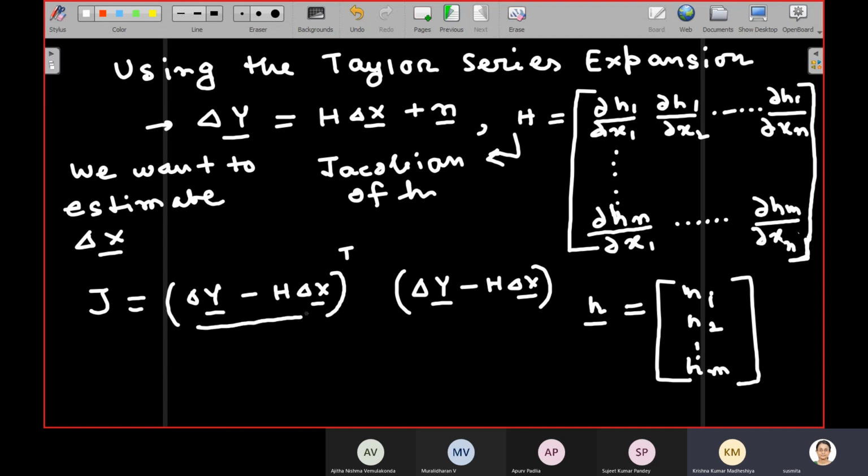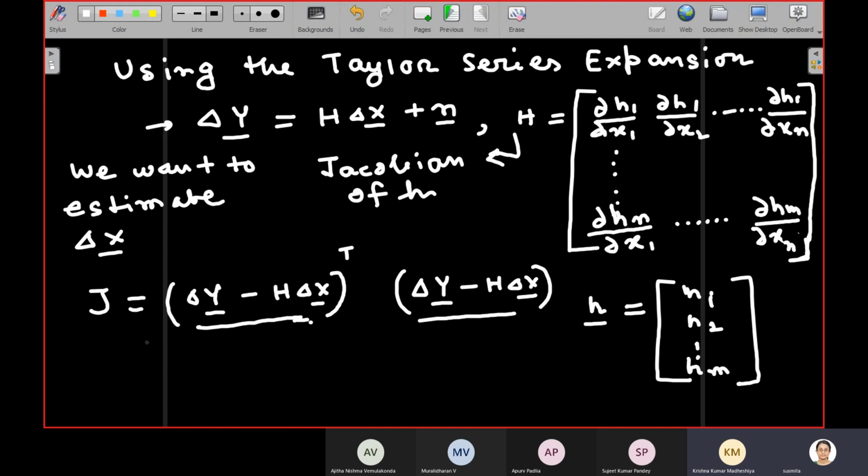Now, to eliminate the sign, we need to square. Now, since we are using vectors now, we simply cannot square because this is a vector, right? So we simply cannot square that. So we have to take transpose of this difference and then multiply that transpose with the difference itself. Okay, and that we can take as our cost function.